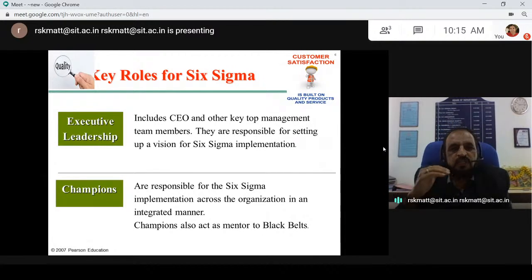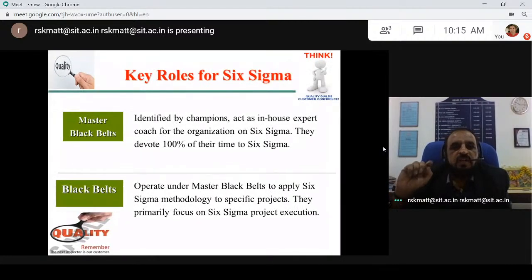Okay, so the champions are responsible for the Six Sigma implementation across the organization in an integrated manner. The champions also act as mentors to the black belts. Then master black belts are identified by the champions and act as in-house experts to coach the organization on Six Sigma.